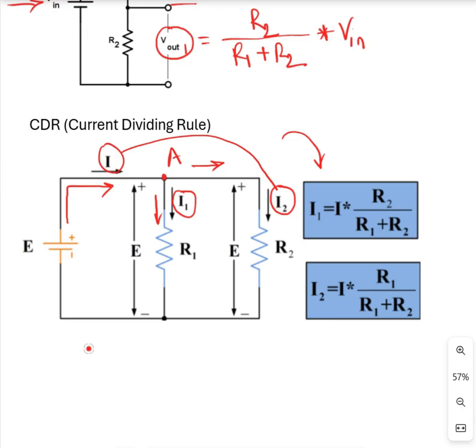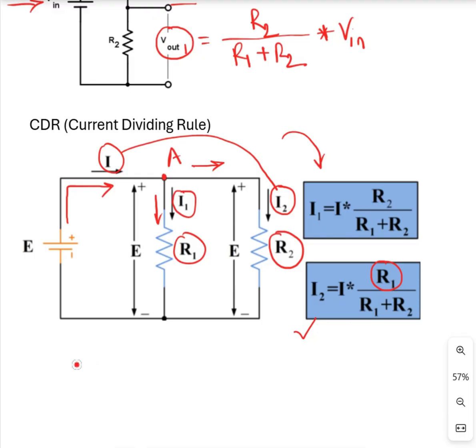It means not this resistor, we have to take the opposite resistor R2, over the total resistance R1 plus R2. Same as I2 is equal to the total current times the resistor R1, which is the opposite resistor from I2, over R1 plus R2. So this is the very basic equation for CDR. Hope you understand. Let's have a practice of this equation.